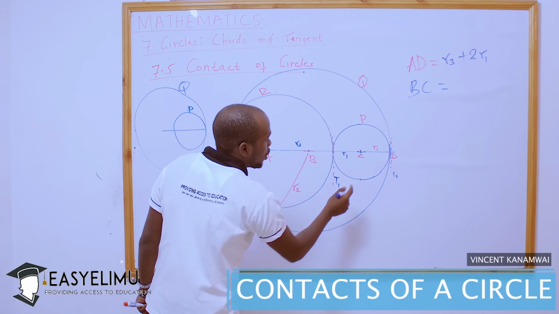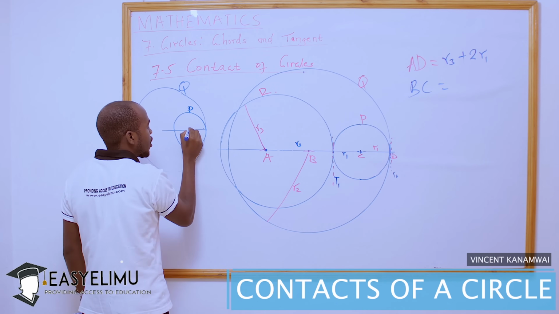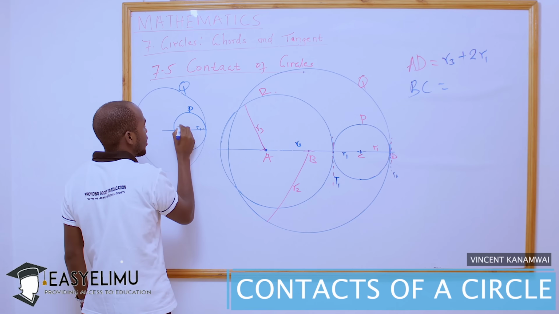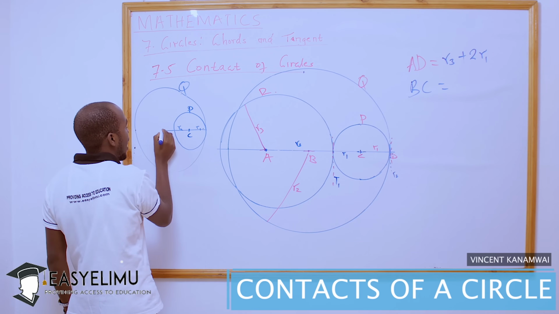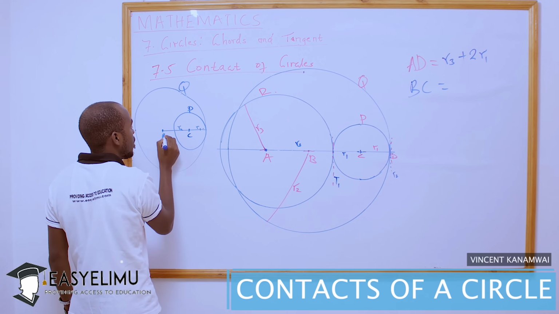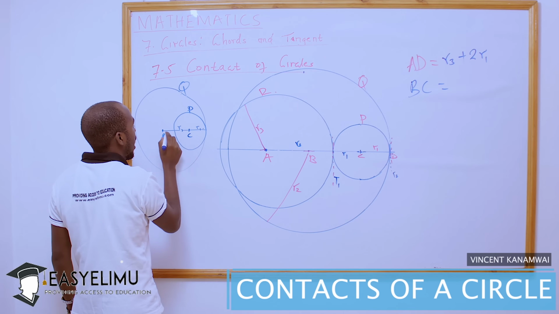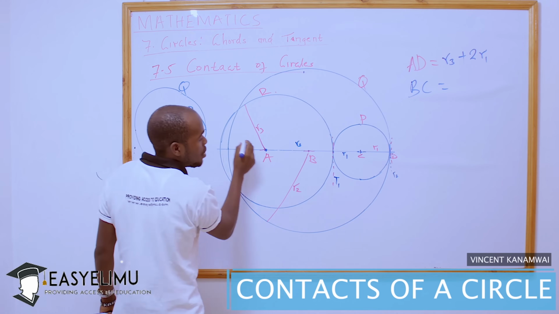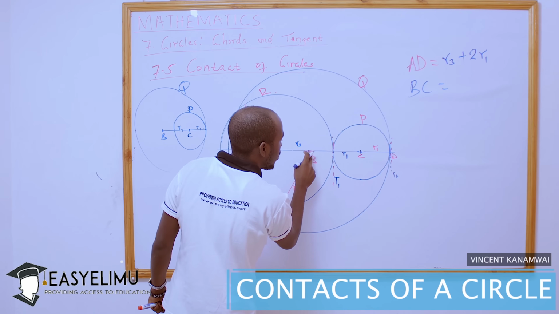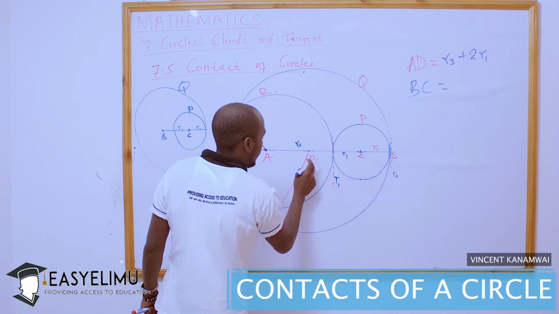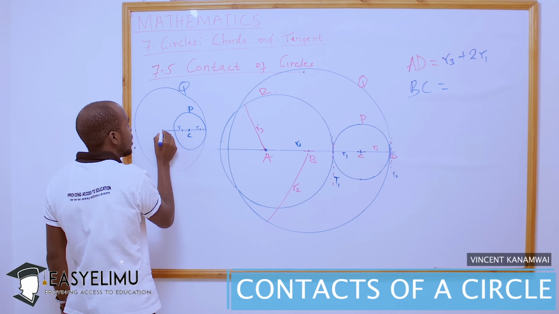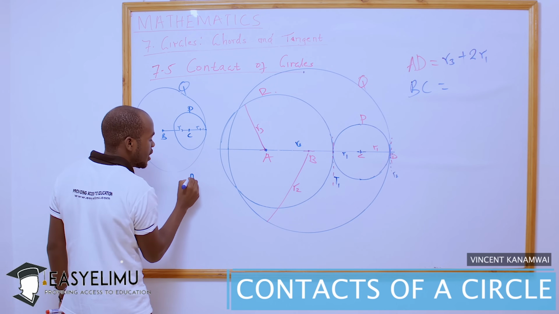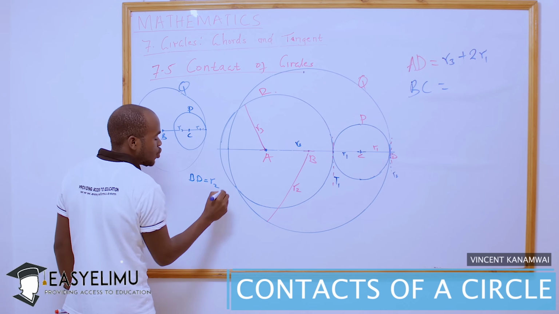Having that, we know the center of circle P here is given as C, and this is R1, this one is R2, and here at the center we have B, or this is still R1. From here to the end it will be R2, meaning that BD equals R2.